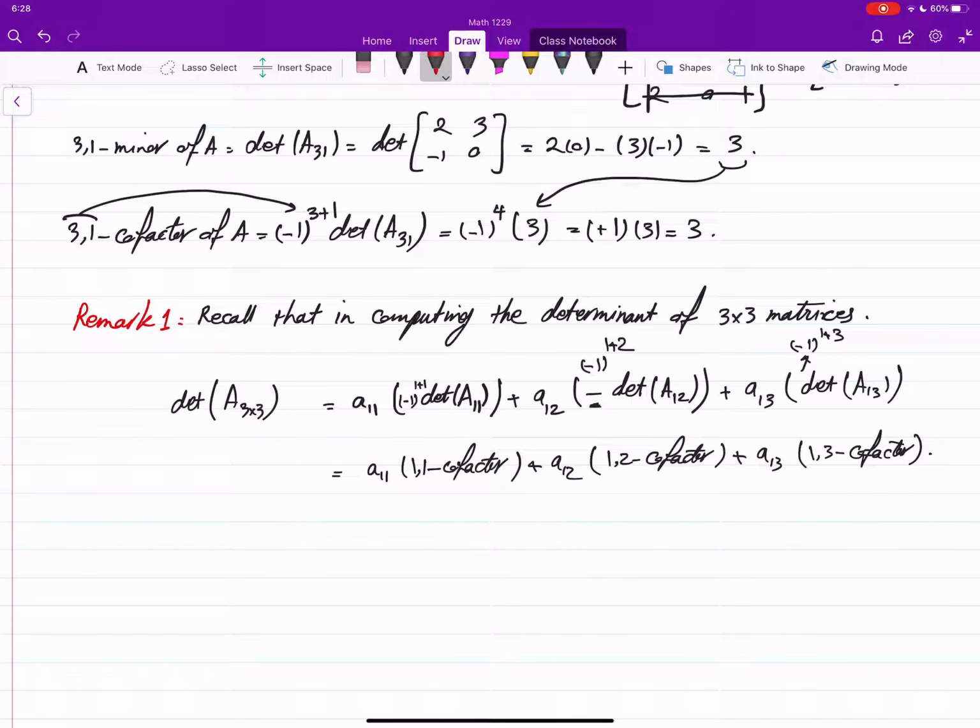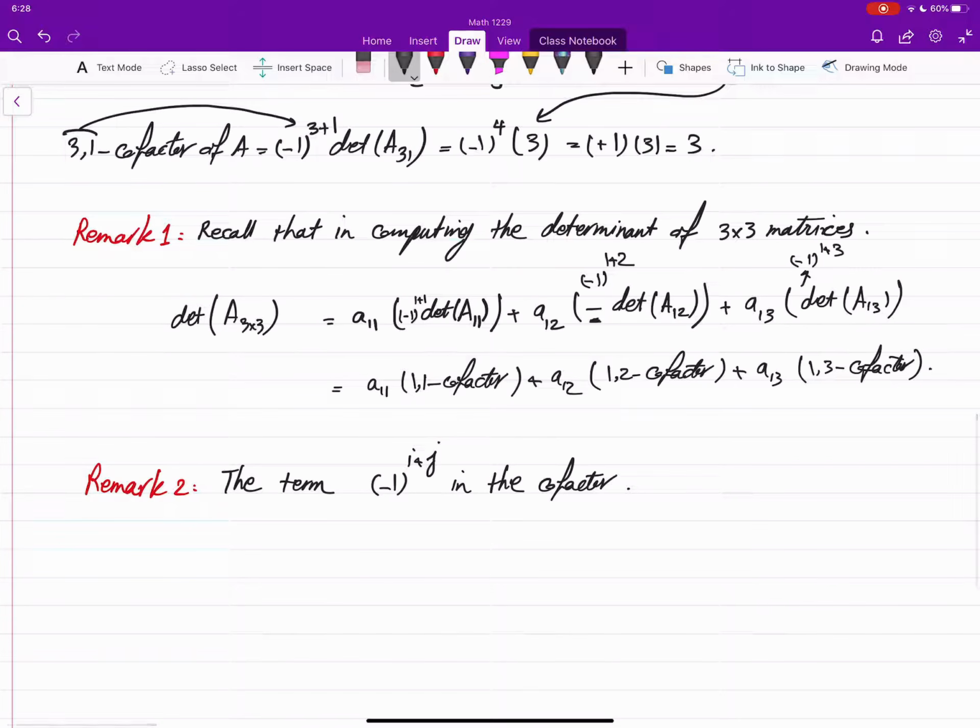And the second remark before our last example is about the sign, the term -1 to the power i plus j in the cofactor. The formula for the cofactor, remember, is -1 to the power i plus j times minor ij.